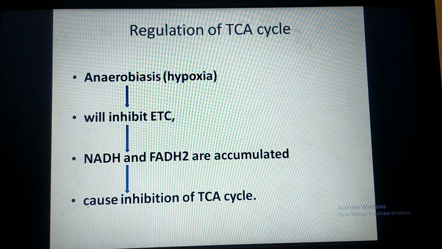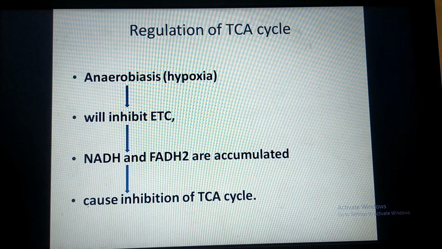The next factor which regulates the TCA cycle is availability of oxygen. When there is deficiency of oxygen, that is anaerobic condition persists in the cell, which inhibits the electron transport chain.